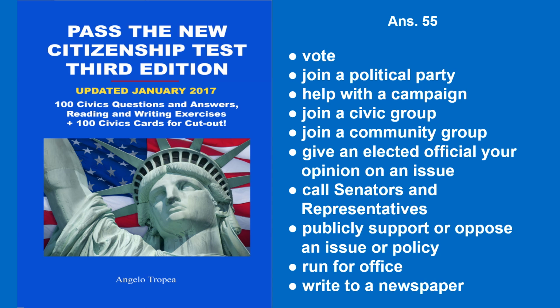Vote, join a political party, help with a campaign, join a civic group, join a community group, give an elected official your opinion on an issue, call senators and representatives, publicly support or oppose an issue or policy, run for office, write to a newspaper.